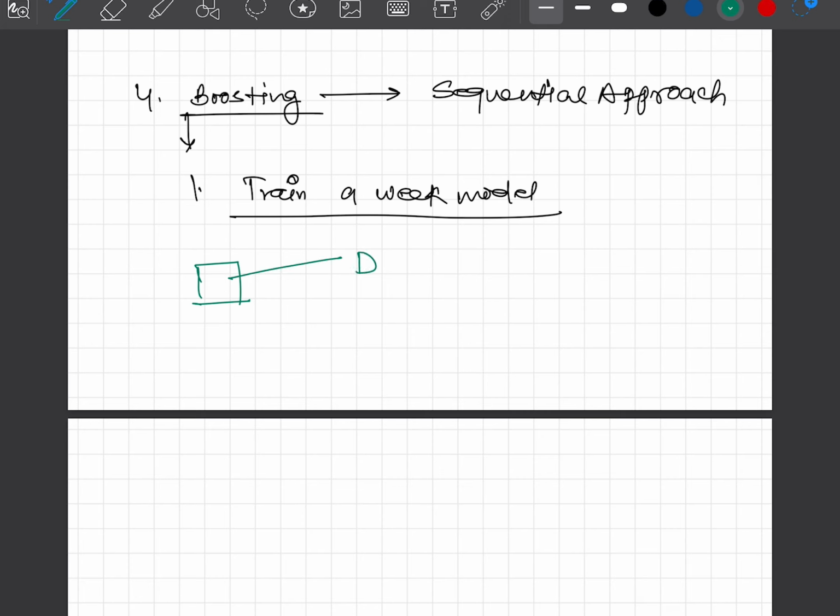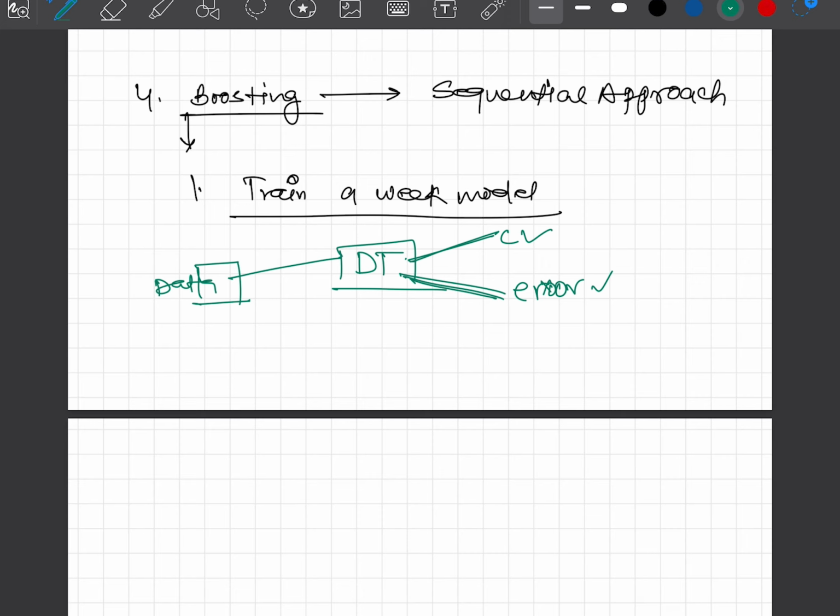The base learner could be a decision tree. It will make a few correct predictions, and it will also make some mistakes, which we call errors. So the data passes to the decision tree, which makes a few correct predictions and also gives some incorrect predictions in the form of errors.